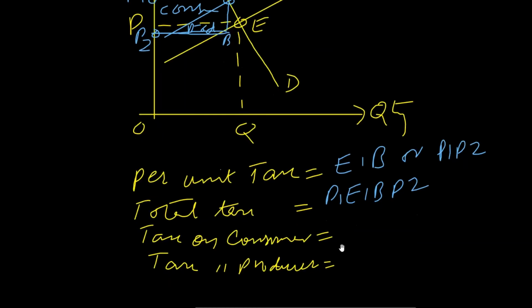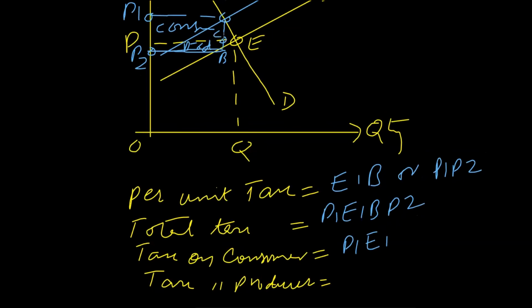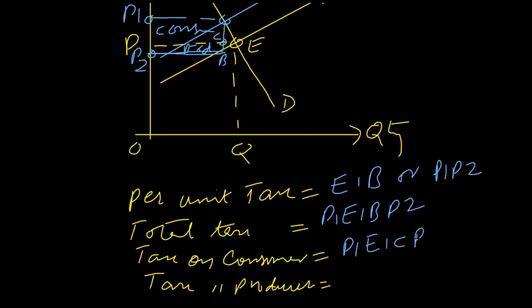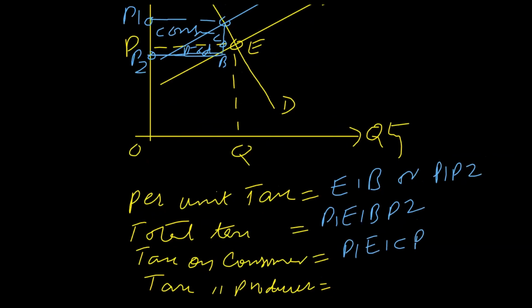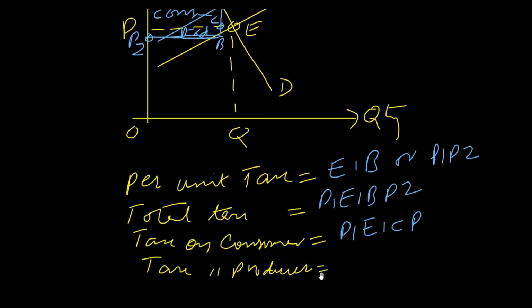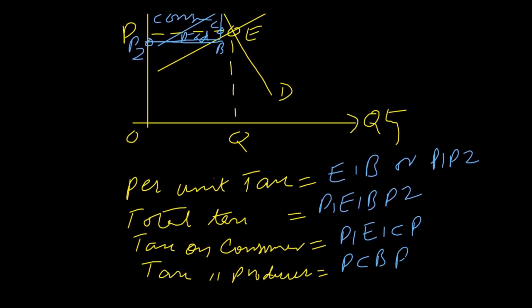So the tax burden on consumers as per this figure will be P1, E1, and we can label the point in between E1 and B, let's say this is point C. So P1, E1, C and P is the tax paid by the consumers, and the tax burden on the producer is the area P, C, B and P2.